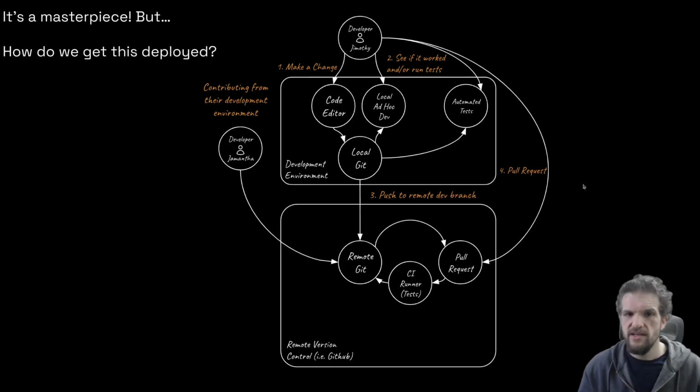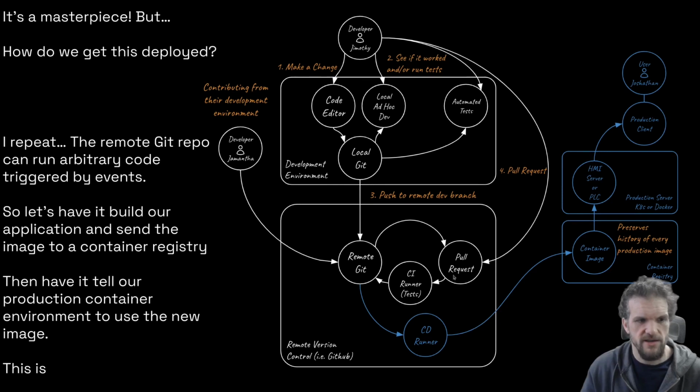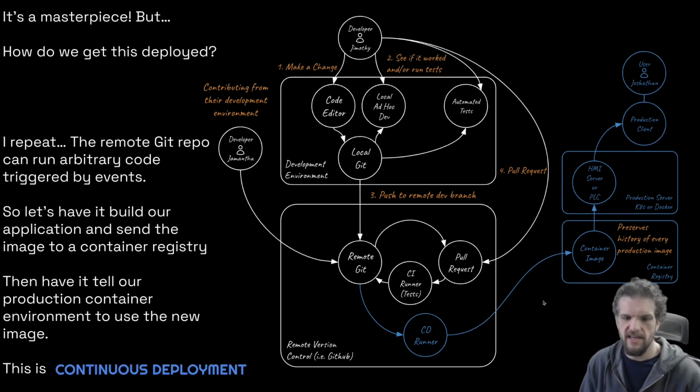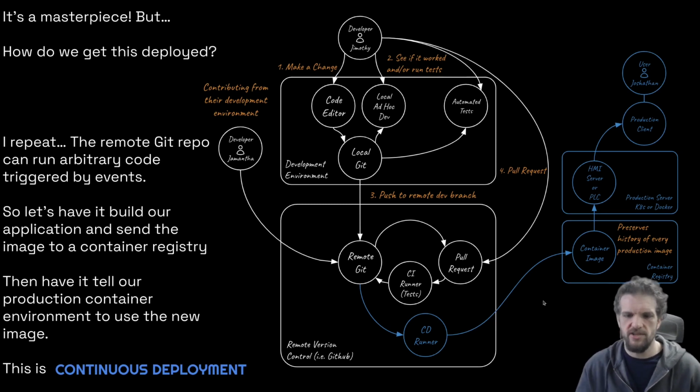So this is a great development environment, but Jimothy is wondering, how am I going to get my code to my production environment? I don't really want to do it manually or copy it over or anything like that. Luckily, the facility for the remote Git repo to run arbitrary code triggered on events allows you to do continuous deployment. And continuous deployment is automatically pushing your code to the production environment every time you merge to the production branch.